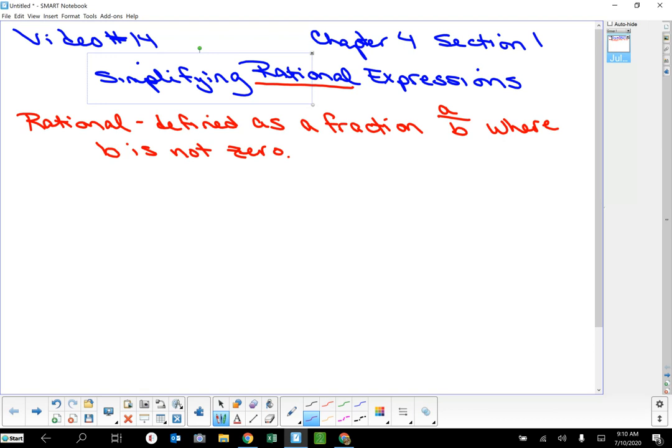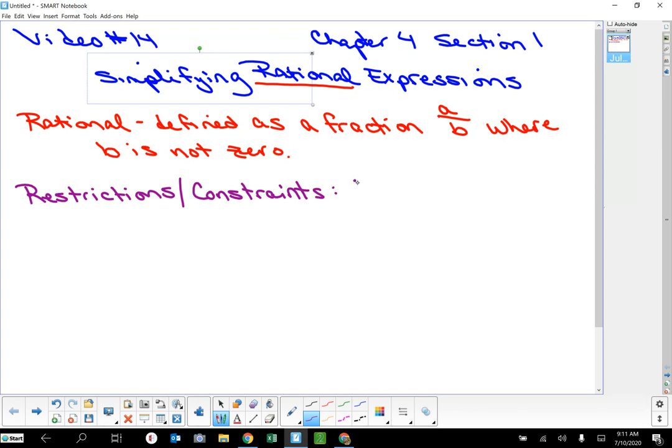Okay, so here is something that you need to know. In varsity or a textbook or anything that deals with rational equations, you're going to be asked for restrictions or constraints. So I will use either of those words as I'm working my way through this chapter. And the restriction or the constraint is what the denominator cannot be.